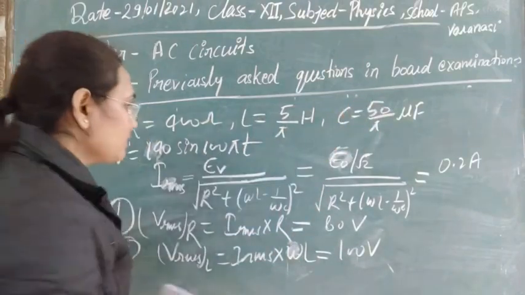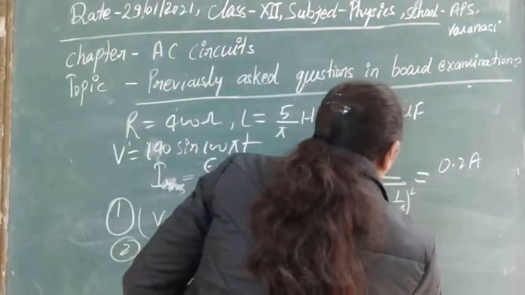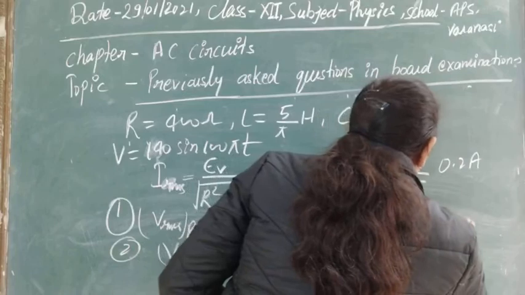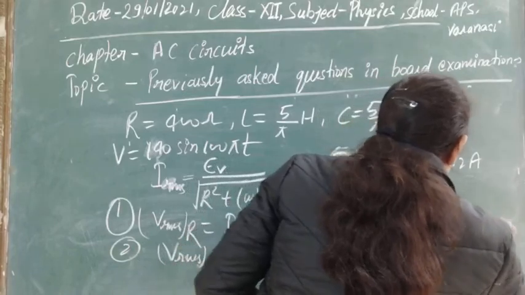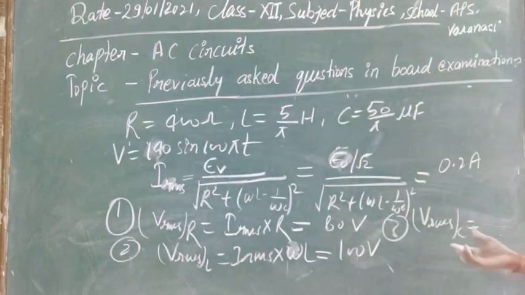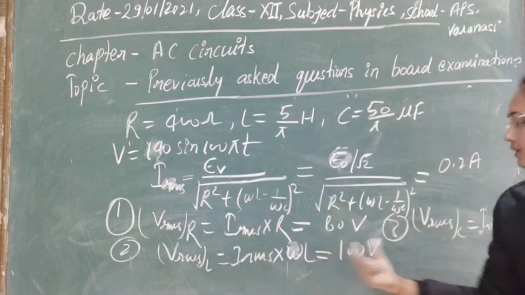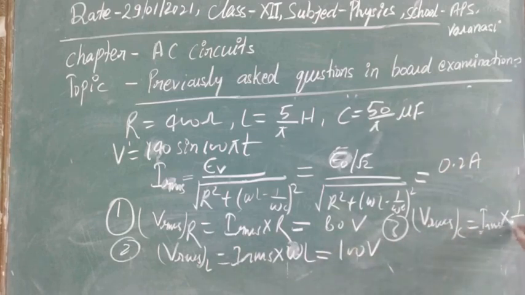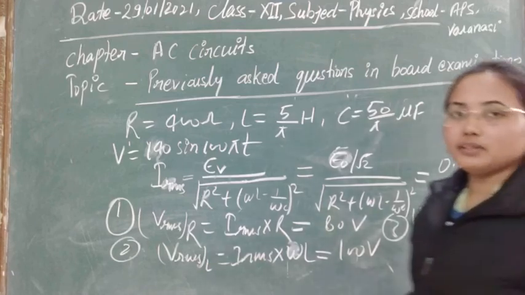Next, third, V RMS across the capacitive circuit. Again this will be equal to I RMS into the reactance of the capacitive circuit, that is 1 upon omega C. After solving, its value is 40 volt.